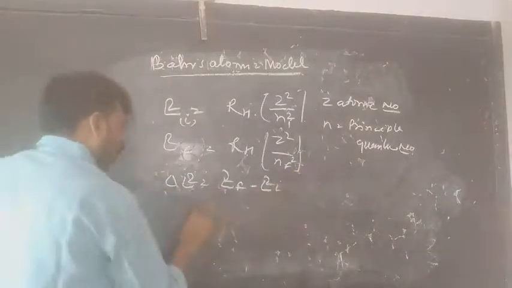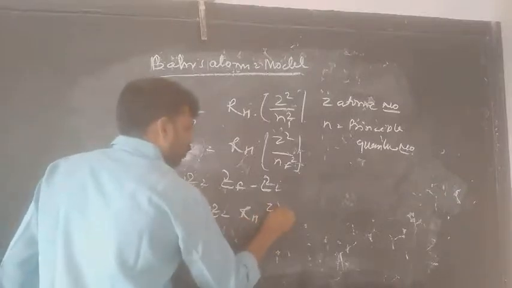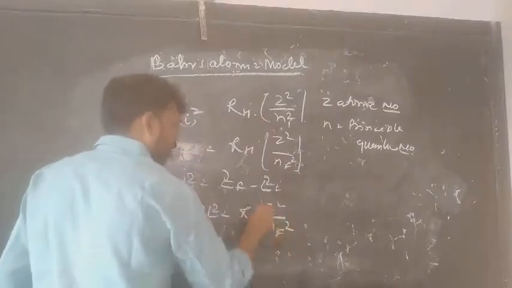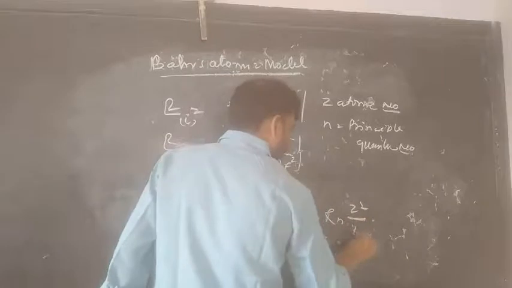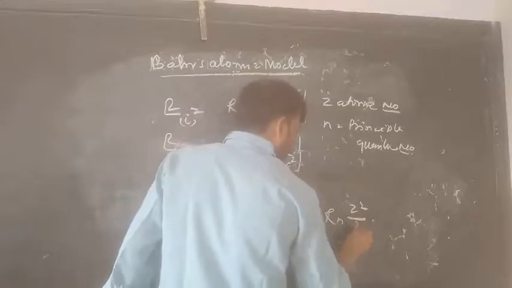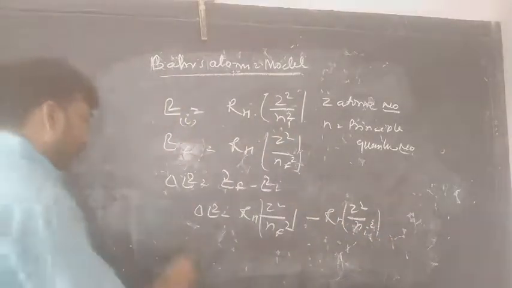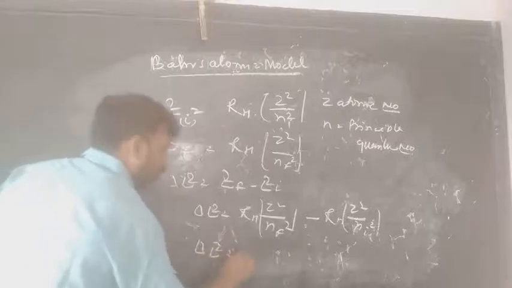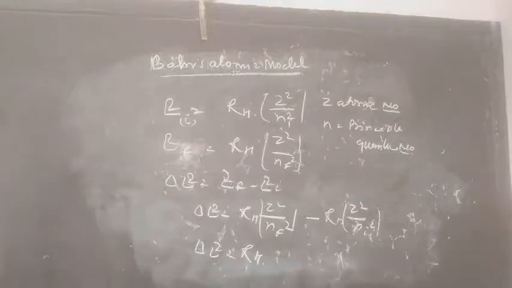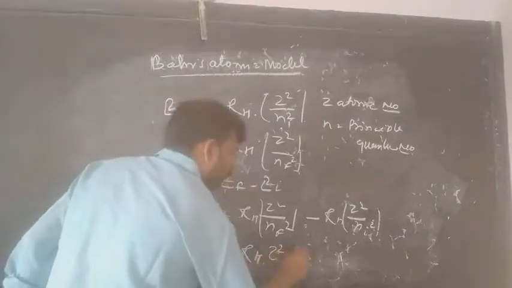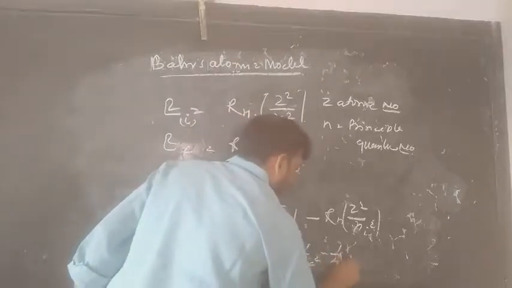Just we are trying to find it. Delta E equal to RH Z square upon Nf square minus RH Z square upon Ni square. Just by solving this, you will find delta E equal to RH, which is common in the two values, Z square, 1 upon Nf square minus 1 upon Ni square.